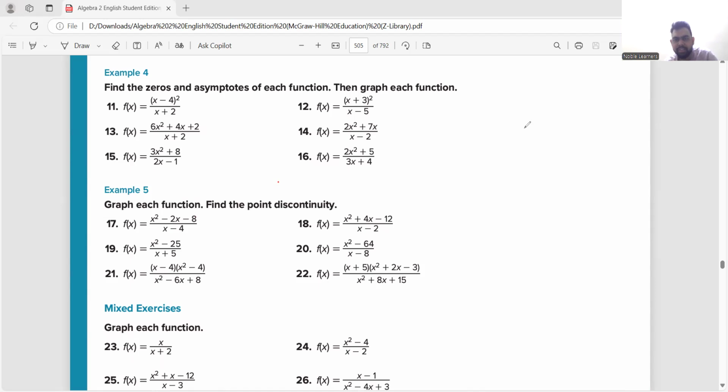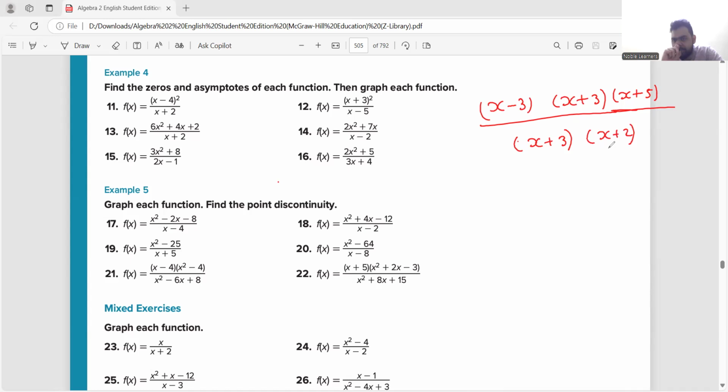For example, if you factor out something, you get something like this, and then there is x plus 5 also. And then you factor the bottom, you get something like this. You get the point now? So where is the hole?